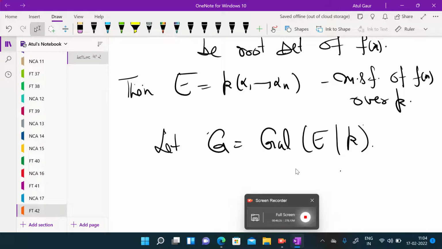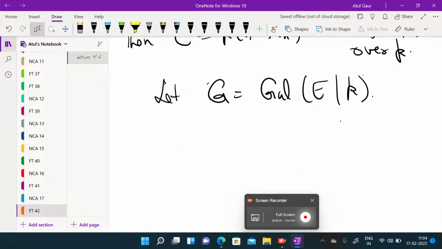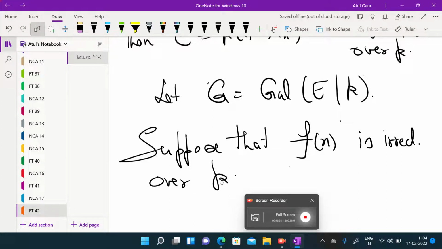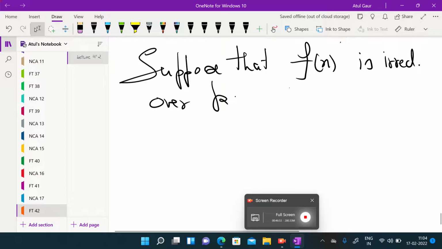All right, and you know how G acts on the root set S. So first suppose f(x) is irreducible over K. So what do you want? You want the action of G on S to be transitive.